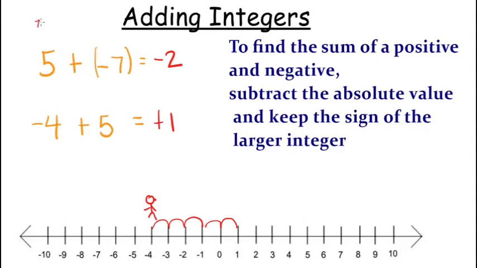So 7 minus 5 gives us 2, and the larger integer is a negative, so the answer will keep the sign of the larger integer. Likewise, with negative 4 plus 5, the larger integer is the positive 5, so the answer is going to be positive, and we just subtract the absolute values. So 5 minus 4 gives us 1. So that's two ways of working out these questions.